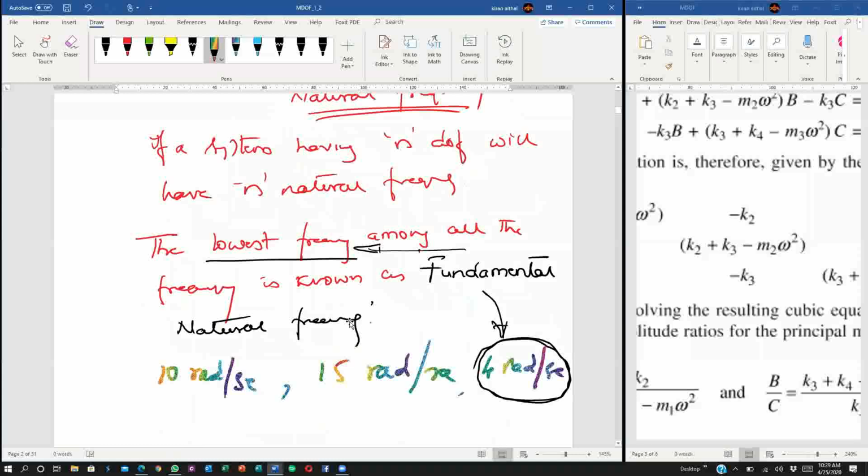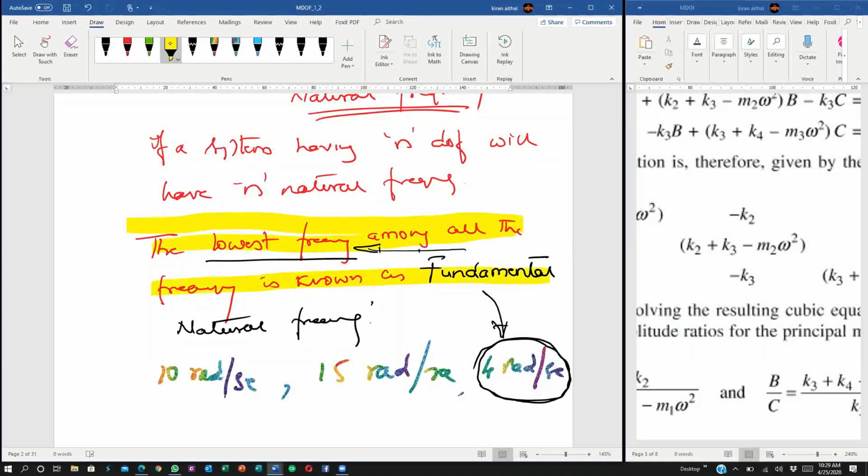I hope you remember this. I told you the lowest frequency is called the fundamental natural frequency. Hopefully you have understood now. The lowest frequency among all the frequencies is known as the fundamental natural frequency. That means omega 1 will always be the lowest frequency, the least one among all of them.